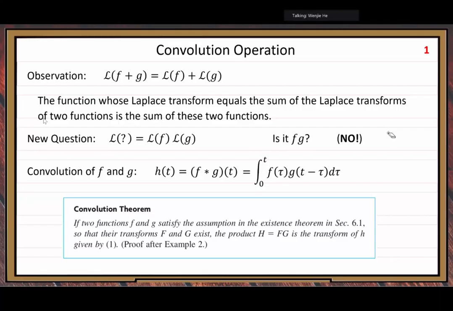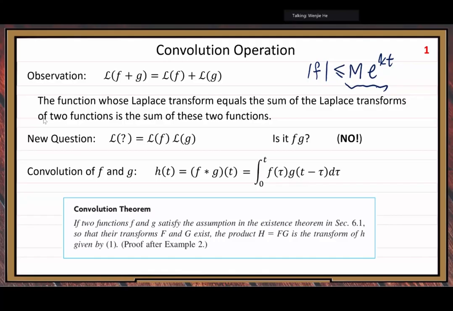The absolute value of f is bounded by capital M e to the k t, an exponential function with constants M and k. Then we know the Laplace transform of that function exists.